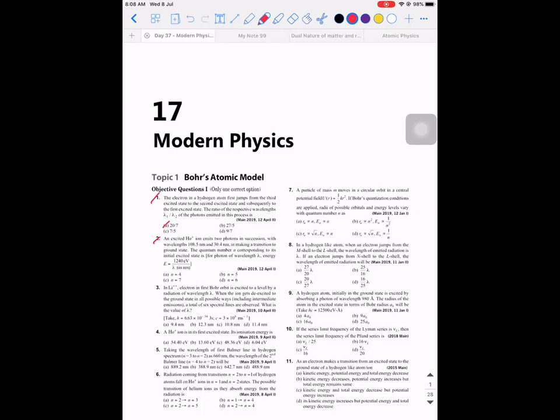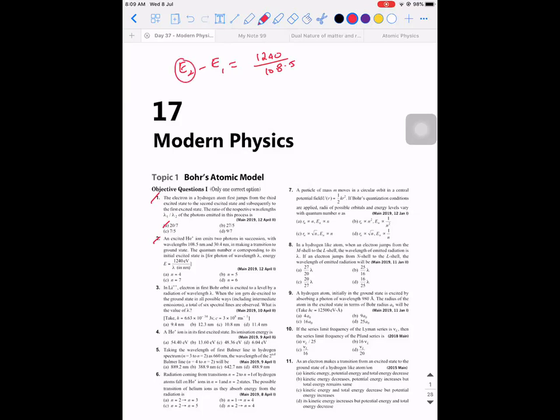E2 minus E1 is equal to 1240 divided by 30.4. That's what you need to do next.